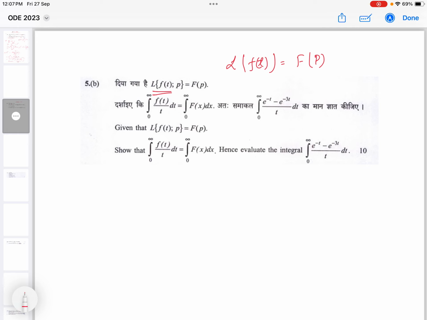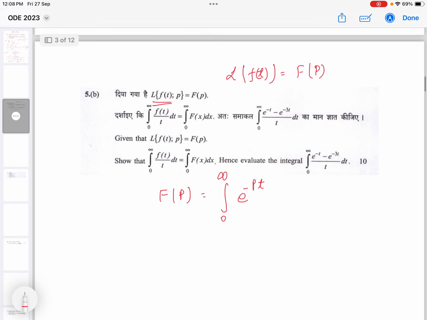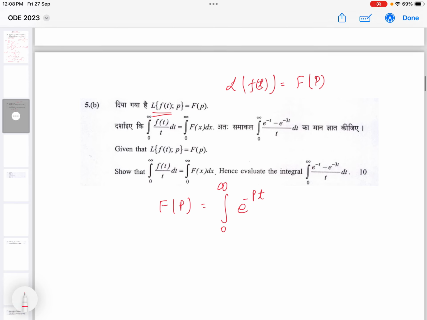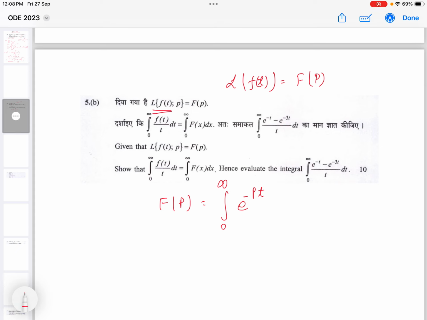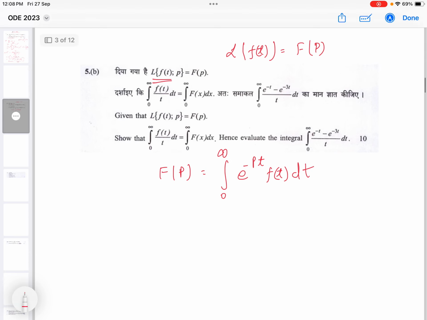From the definition we know that F of p will be the integration from 0 to infinity of e raised to the power minus pt, where p is a general constant, a variable in the Laplace integration, times f of t dt. This is what we have got from the standard definition.